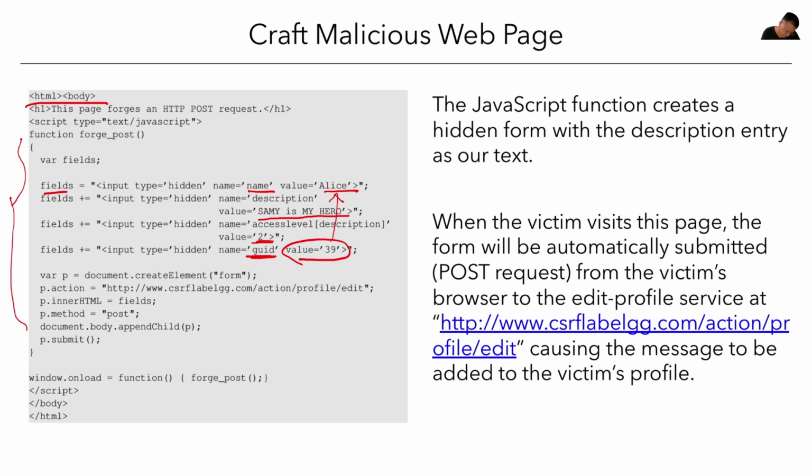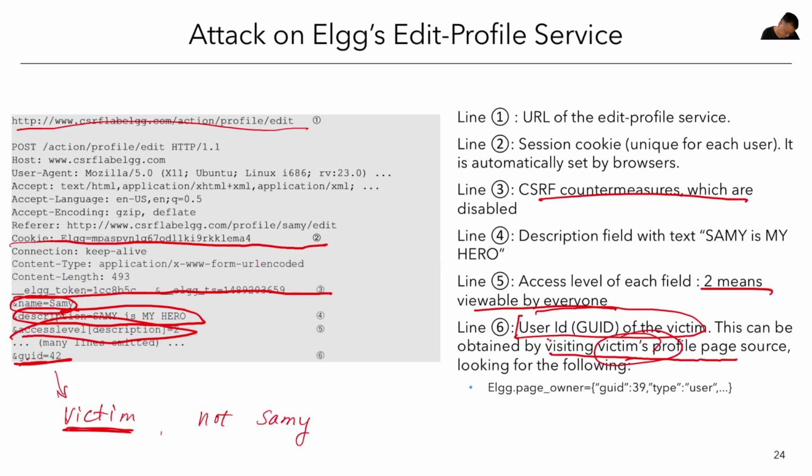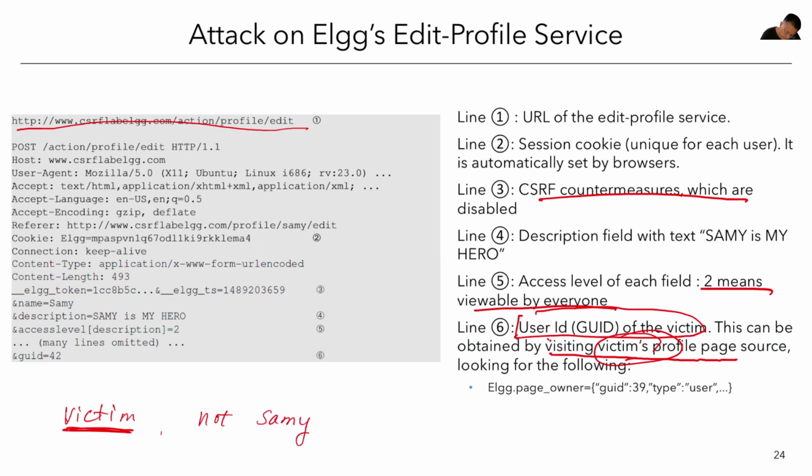Okay. So like here, if you look at this page, right? So the name is Sammy, GUID is 42. This is because we're doing the investigation. We're looking at Sammy's edit profile service, right? So we actually try this out on Sammy's own account. So the attacker's name is Sammy in this lab, right? So we're looking at Sammy's own account.